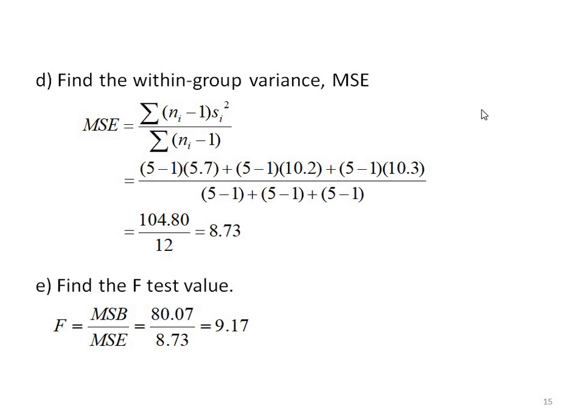Some students might ask, can we have a not same sample size for each group? Yes. Why yes is because if you refer here, n_i means each group, I don't care what the sample size is. It can be equal or it can be not equal. Later on, I will show you one example that we don't have an equal sample size.